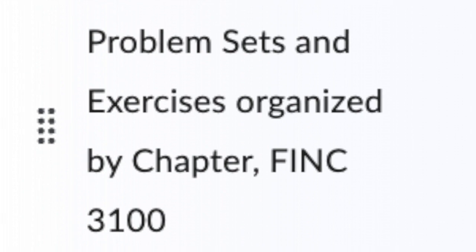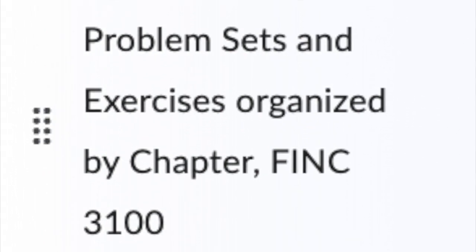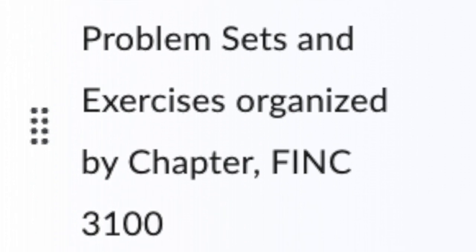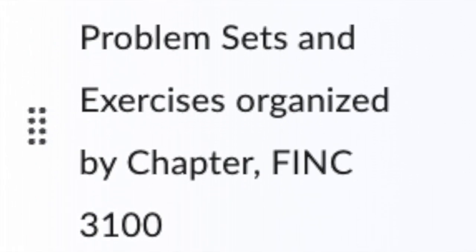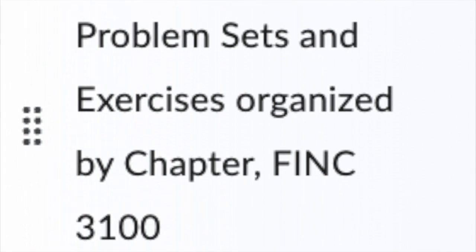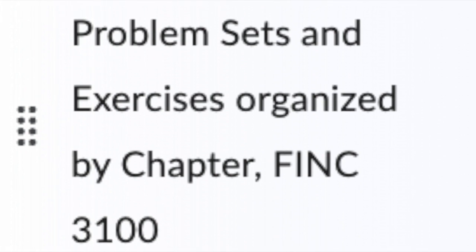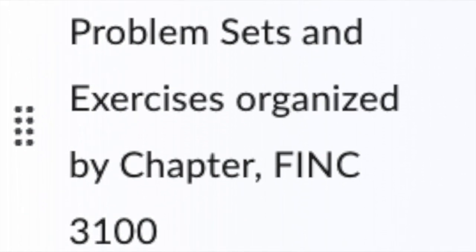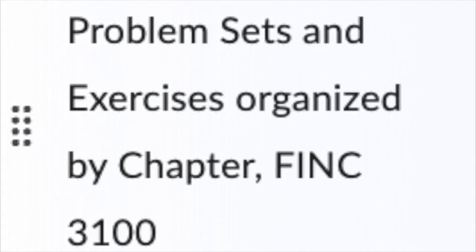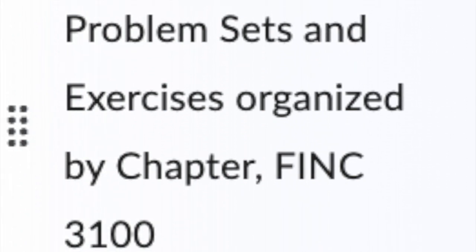After clicking on that link, you will find that the various learning modules and resources are organized by chapter. Chapters 1, 2, 3, 4, 5, 6, and 7. Within each chapter, you will find various worksheets and exercises that we've either completed in class or you've completed at home.